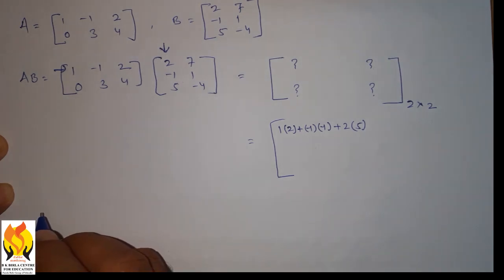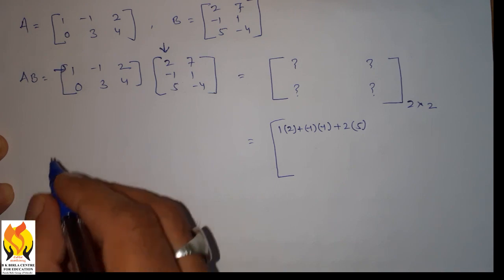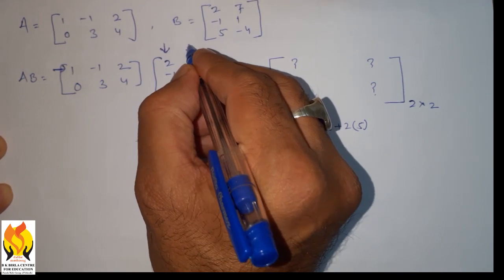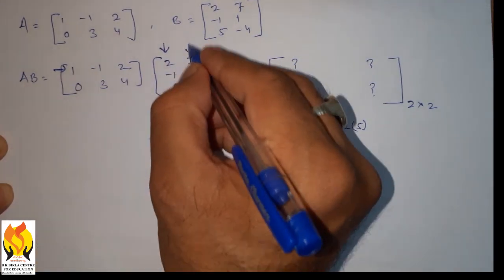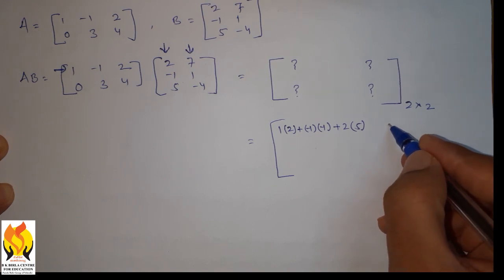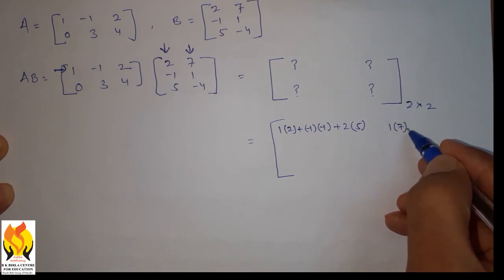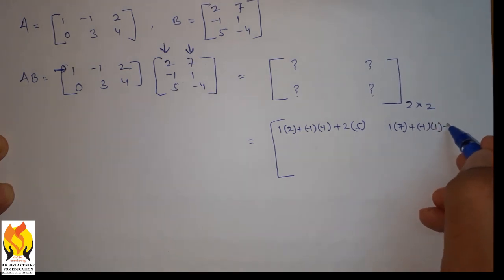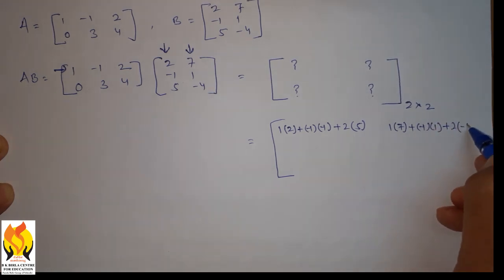Now, in order to get A12, we have to multiply row 1 with column 2. Row 1 with column 2 will give A12. How will it go? 1 into 7 plus minus 1 into 1 plus 2 into minus 4.